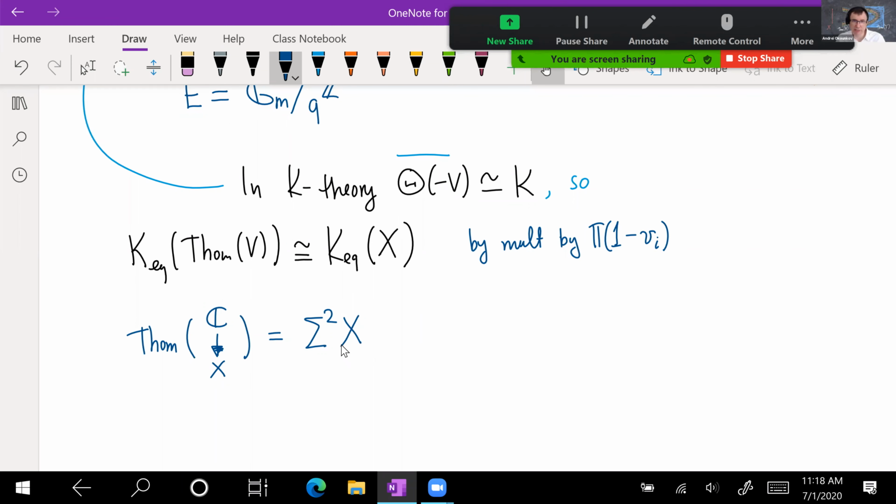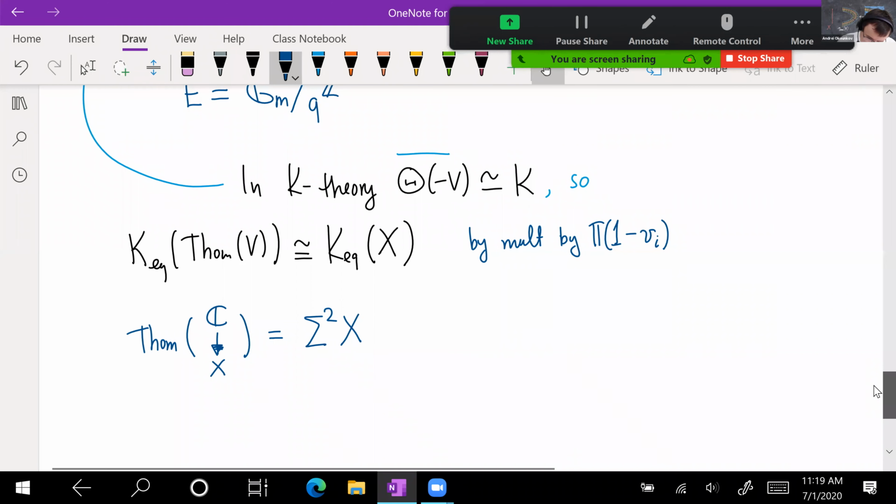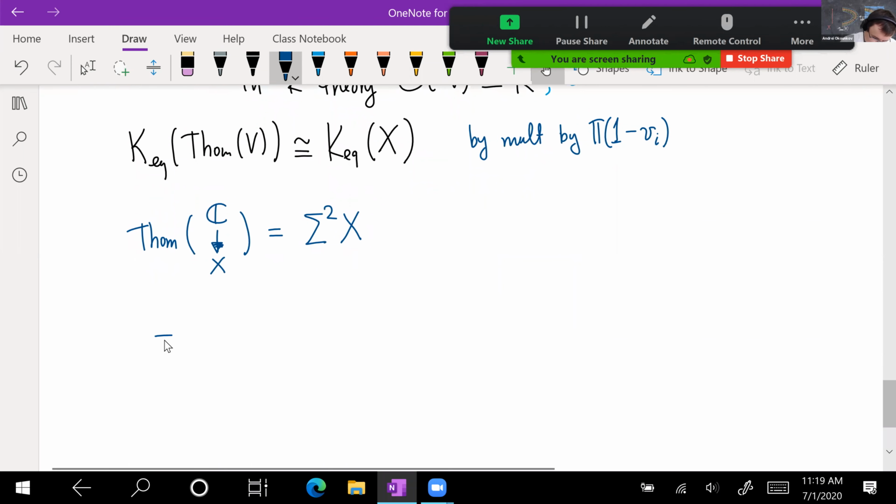What is suspension? I can't really draw the sigma 2 so well, so maybe I'll draw sigma 1.